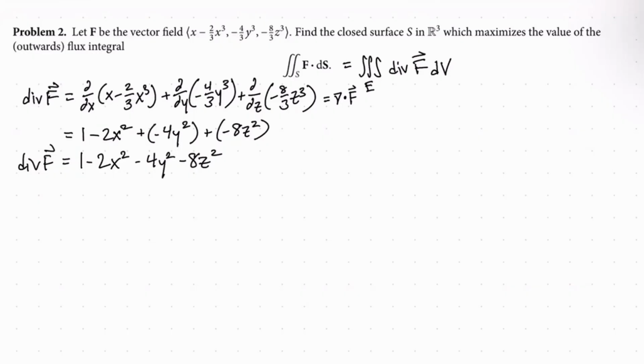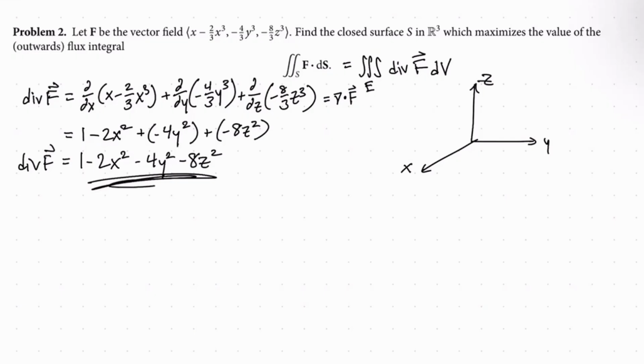And to get the maximum value of an integral, we want to integrate over something that matches this divergence of F curve as closely as possible, like covers all of it. Divergence of F is a function, so we can draw our xyz axes, and we see that the divergence of F has the form of an ellipsoid.